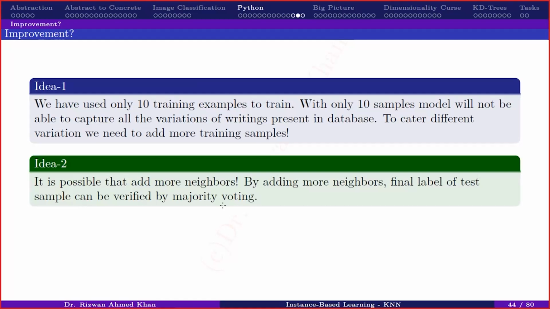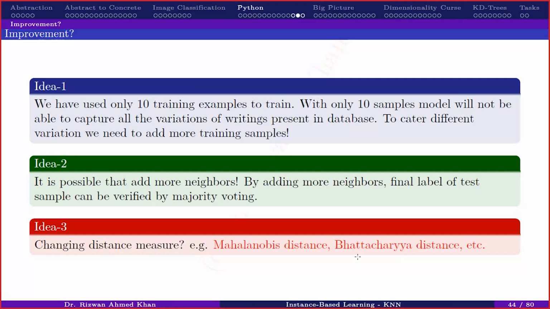Idea two was to have more neighbors, because we could have noise in our data, and if we are just looking at one neighbor, then we are overfitting to the data, as if we are 100% confident the data is sharp and clear, but this is not always the case. So we could have more neighbors to have a more generalized classifier. Idea three was to change the distance metric. If you don't want to use Minkowski distance, we have different distance metrics and we can try them as well.